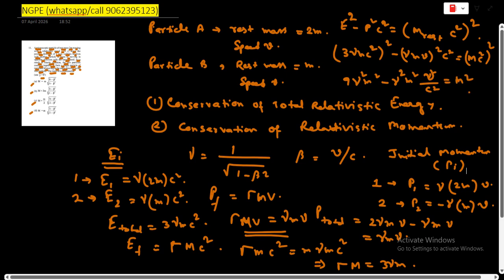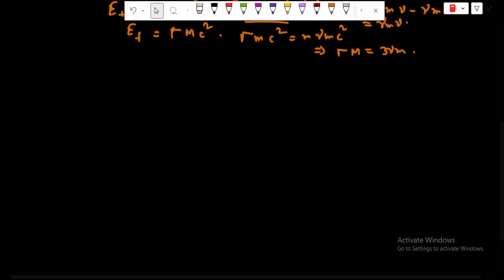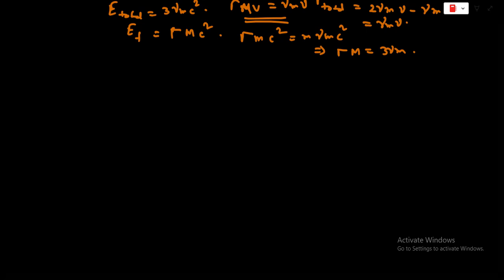So capital M square will be gamma square m square into 9 minus beta square. Now plug in what gamma square actually is. Gamma square is 1 by 1 minus beta square.